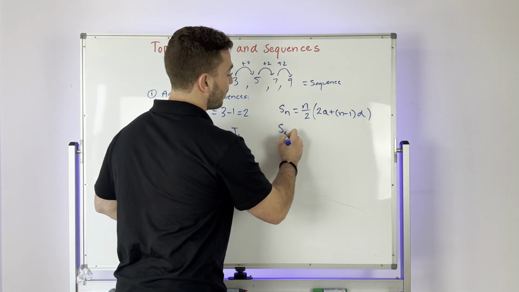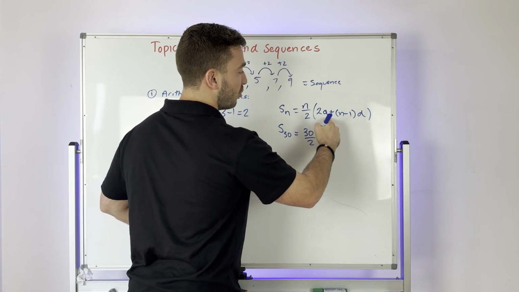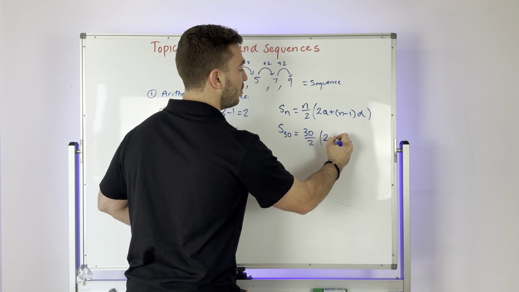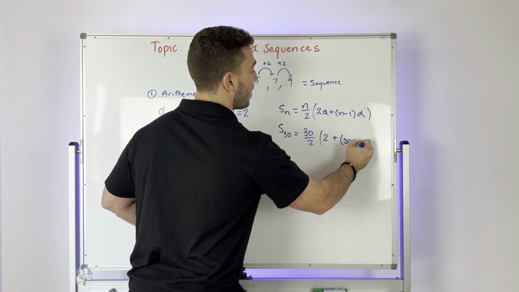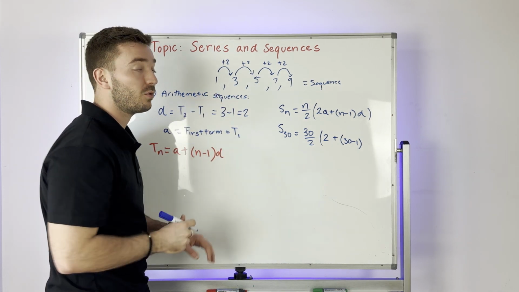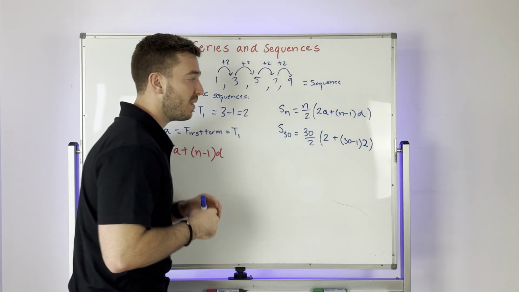So the sum of 30 terms is equal to 30 divided by 2 times 2a. Remember, my first term is 1, so it's just 2 times 1 is 2, plus 30 minus 1 times, again, my common difference, which we solved before, is just the difference between term 2 and term 1. So that's 2. All right, we can now simplify this.